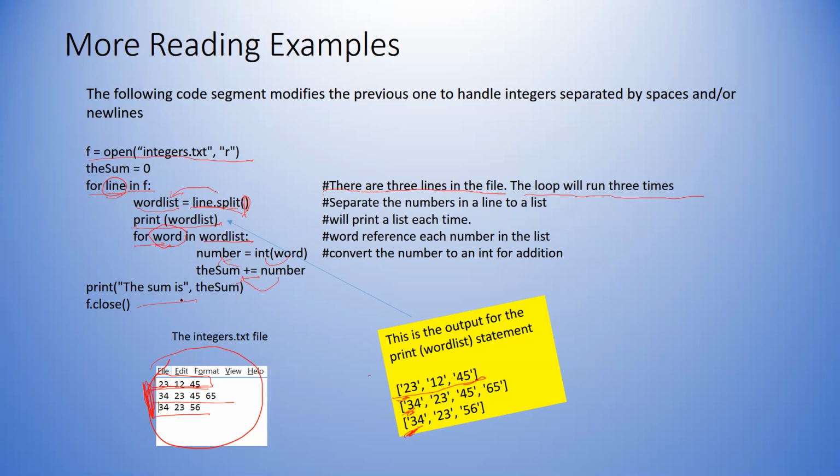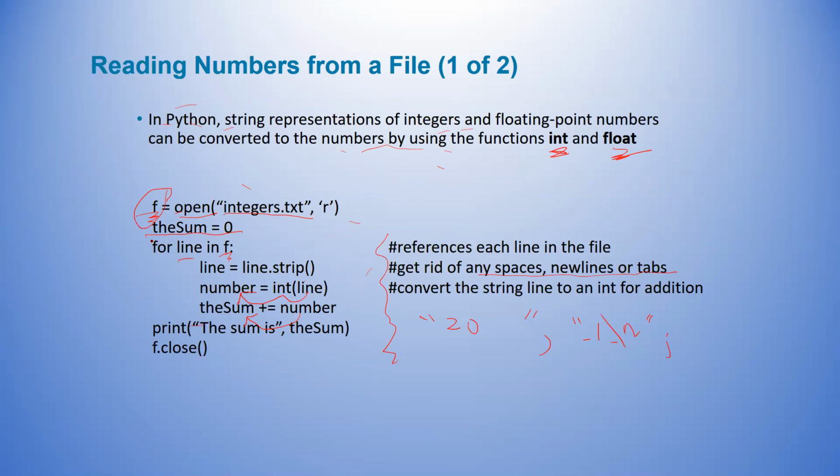Okay, so why I have 2 examples. For this one, each line has multiple numbers. For this example, each line has only 1 number. So you don't need to split, it's just 1, and you just strip it, okay? Make it naked, and then you add it, okay? Convert it to a number and add it.